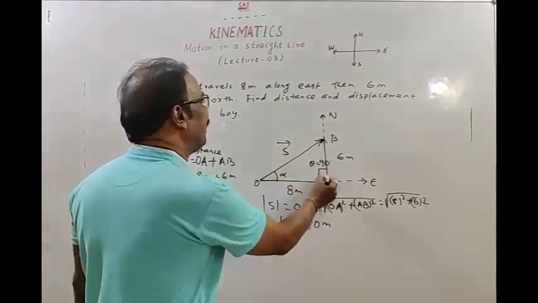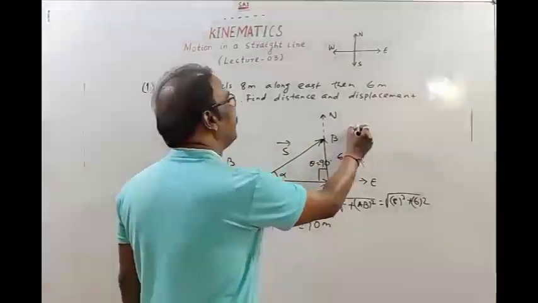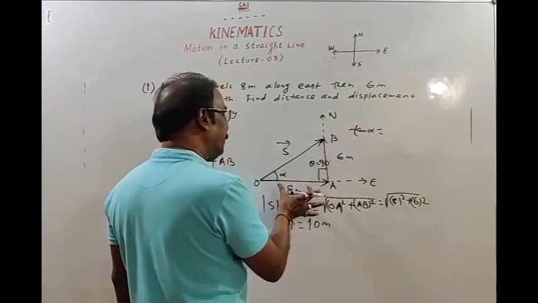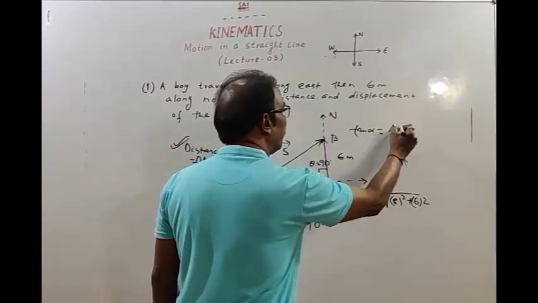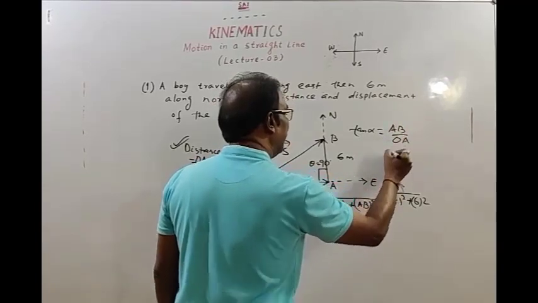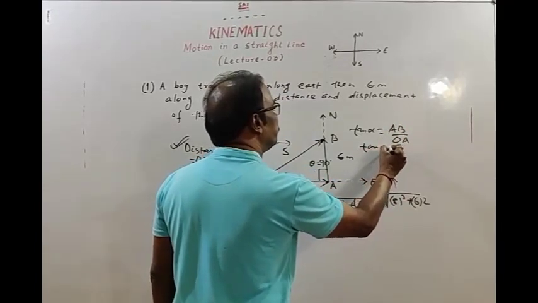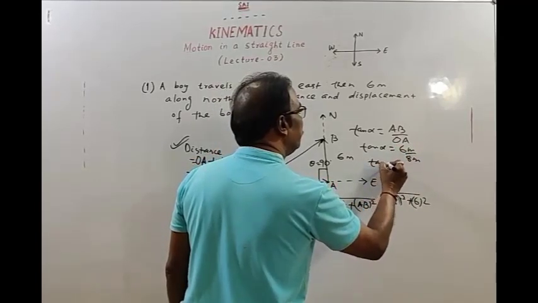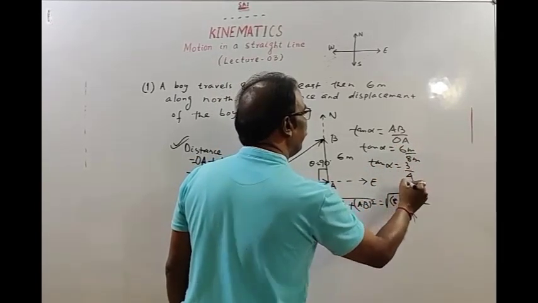Then from right angle triangle OAB, tan alpha is equal to perpendicular AB divided by base OA. Then tan alpha is AB 6 meters, OA 8 meters, so tan alpha is 3 by 4.